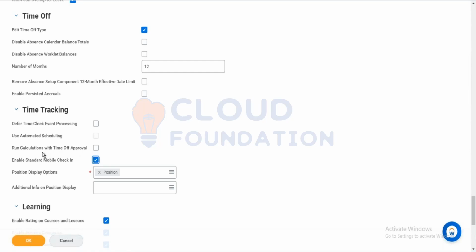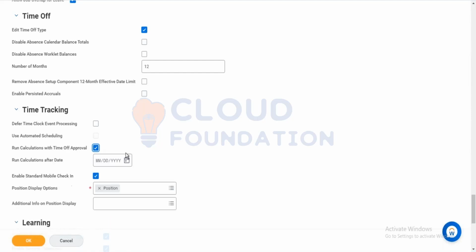Run calculation with time of approval means the moment you request time off through Tito, time entry, time off, the background calculation should run automatically with the time of approval. That should be checked.